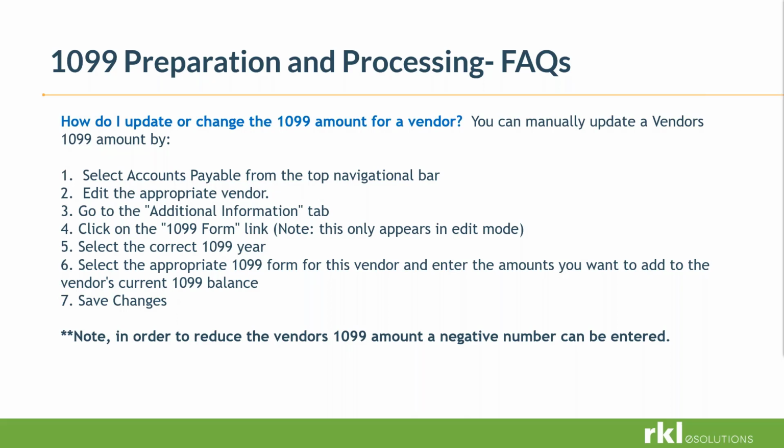If at the end of the year you're doing your analysis and you realize that $4,000 should not have been 1099able to this vendor, but all the other amounts should have, you can go to this box and enter minus $4,000, and that would subtract the 1099 amount. It does not impact vendor balances or anything like that. It's just a separate bucket called 1099.